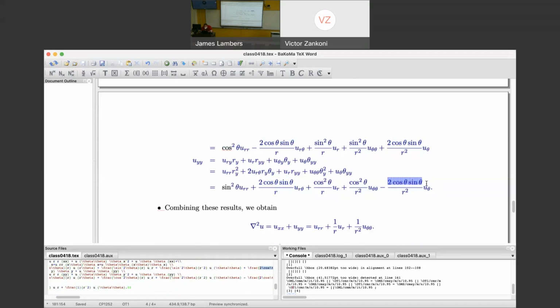These terms also cancel, so that's convenient. Here too we have sine squared theta u_r over r plus cosine squared theta u_r over r. So you add those, and we get just u_r over r. And same thing over here, that gives us u_theta theta divided by r squared. So sine squared plus cosine squared equals 1 all over the place. And the really ugly expressions we had earlier, that's something that's not so bad. That's the Laplacian in polar coordinates.